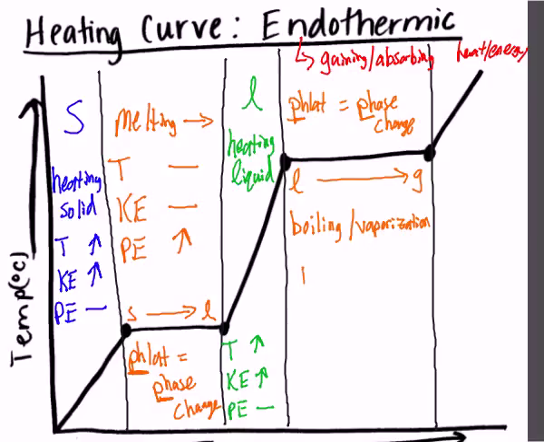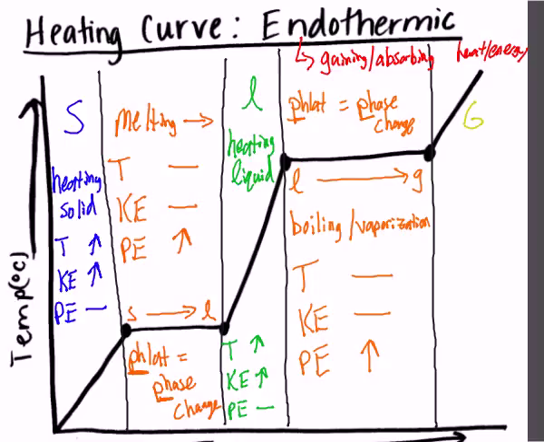Okay? Temperature, kinetic energy, and potential energy. What's happening to the temperature? Constant. Kinetic energy is? Potential energy is? Increasing. So again, you can start to see that pattern form. Now, the last section is going to be what?